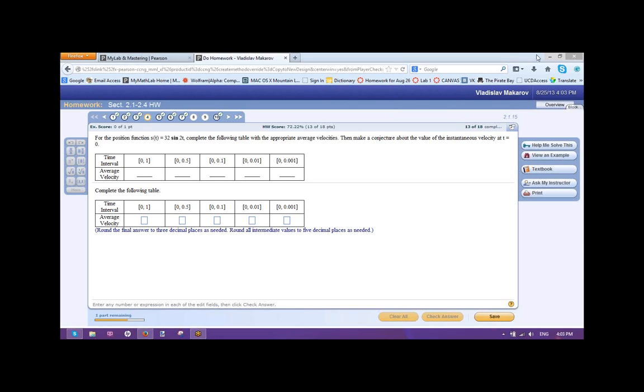You want to set your calculator on radians, not degrees, in order to calculate sine of 2 times 1. So how would you calculate it once again? You need to put your calculator in radians.